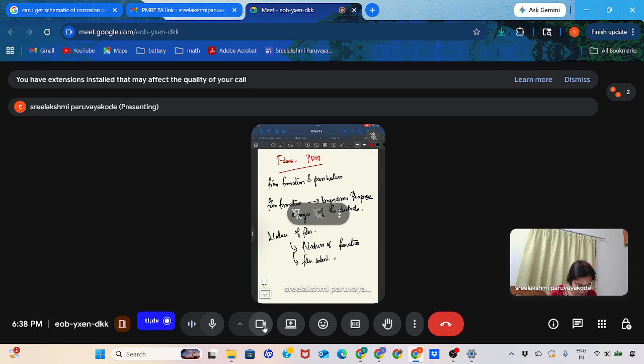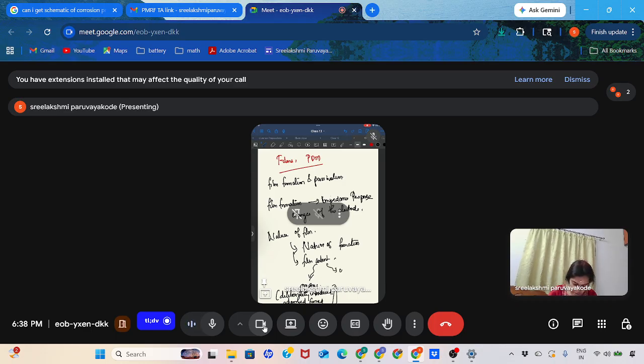Film content means it can be organic, which is deliberately introduced, like adsorbed and formed on the surface.